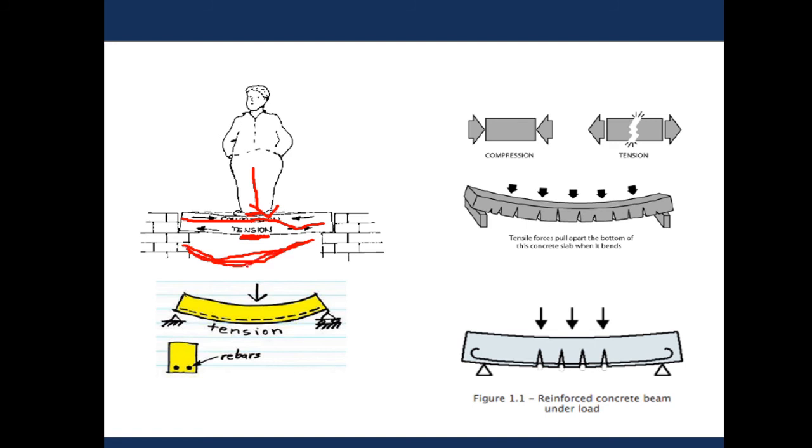This bending pattern is known as positive bending, and if it bends the other way, it will be called negative bending. So when a positive bending develops, compression develops in the top fiber and tension develops in the bottom fiber.